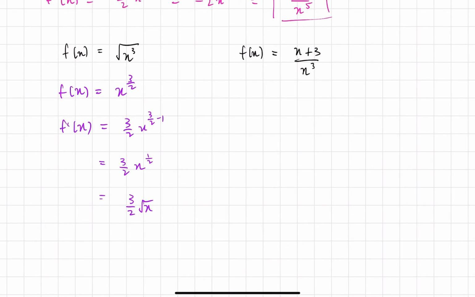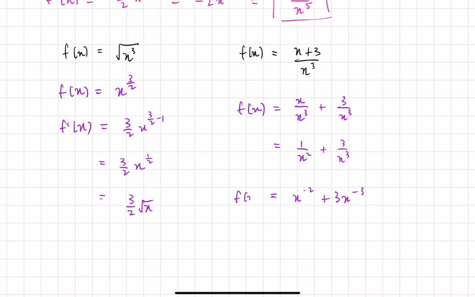So the first thing I'm going to do is to split it off. Okay, which means the first fraction we can simplify to 1 on x squared. Now to differentiate this guy, we're going to need to change everything to index form.